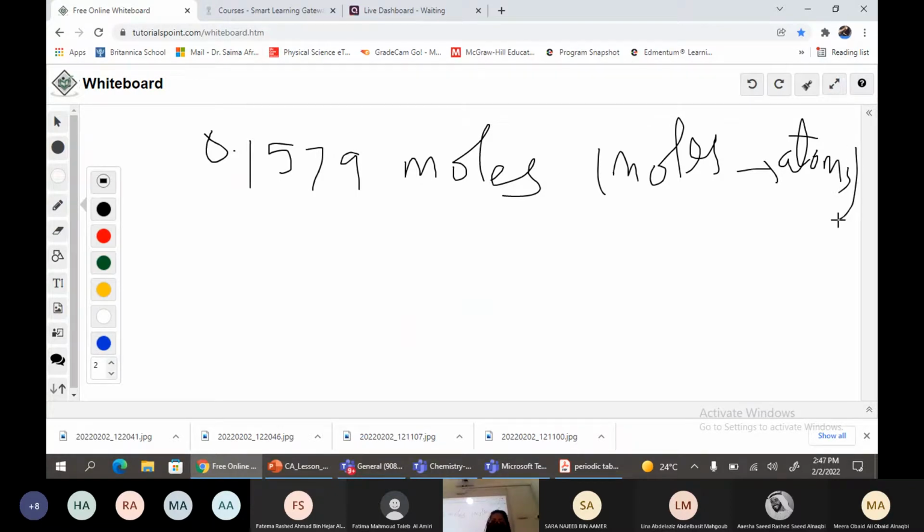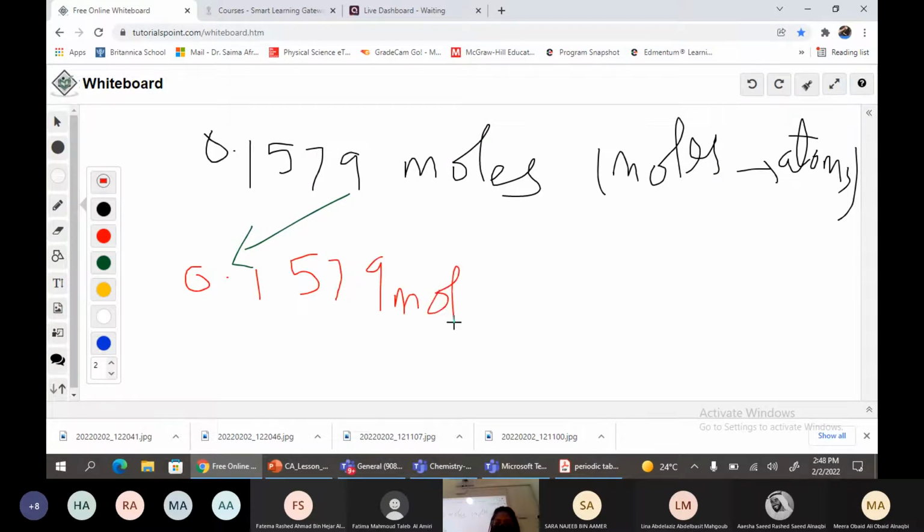Okay, use the same idea which I taught you earlier, that on this side you have to take it from the question. From the question, you have 0.1579 moles.